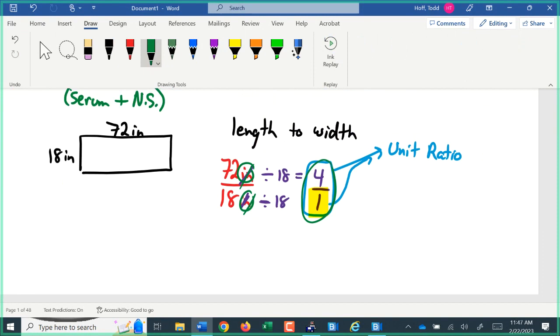The 4-to-1 length to width ratio could be saying that for every 4 inches of length, there's 1 inch of width. Could be saying that for every 4 feet of length, there's 1 foot of width. Or it could be saying for every 4 centimeters of length, there's 1 centimeter of width. The units don't matter because they've canceled out in our ratio.